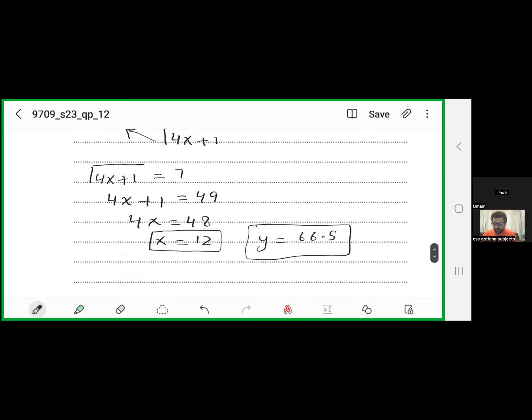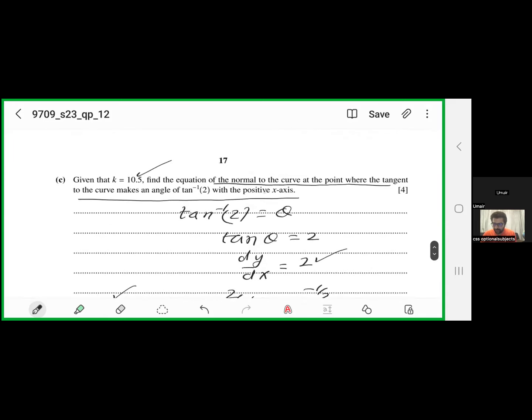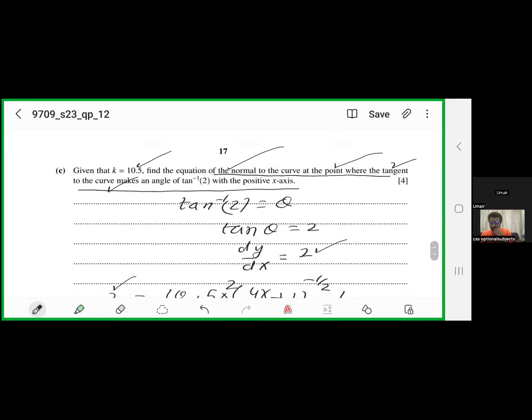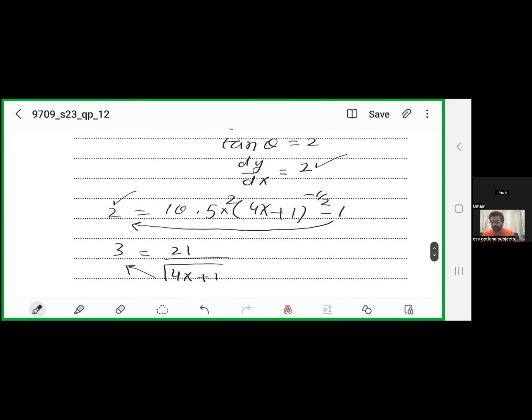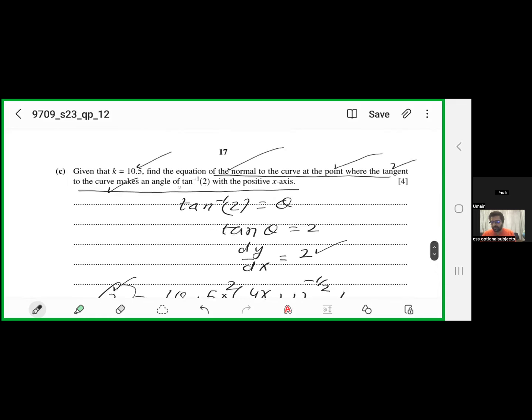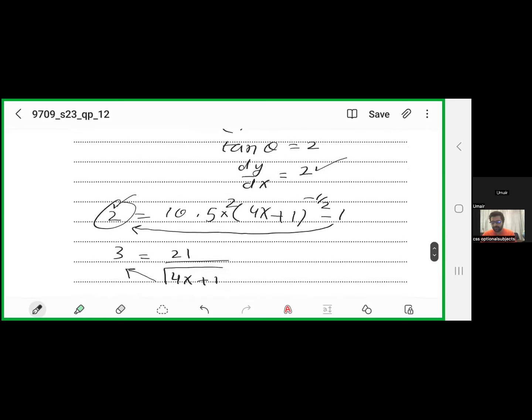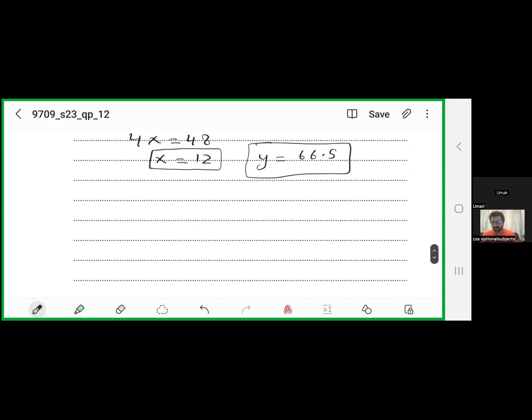Now you have to find equation of normal. According to the question, you have to find equation of normal at the point where the tangent is intersecting the curve. As we are given the gradient of tangent was 2 from here, tan inverse 2. This is gradient of tangent. So gradient of normal is perpendicular to tangent.